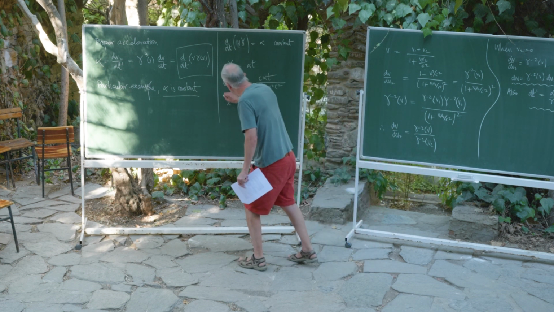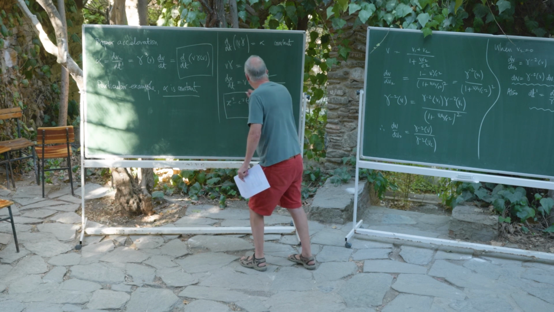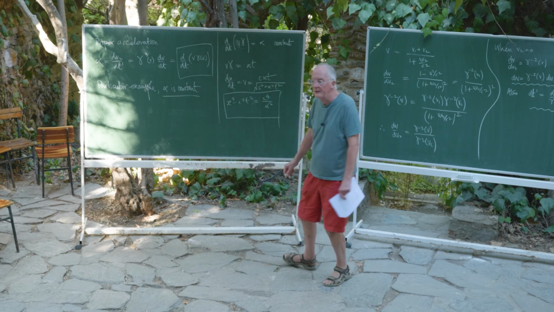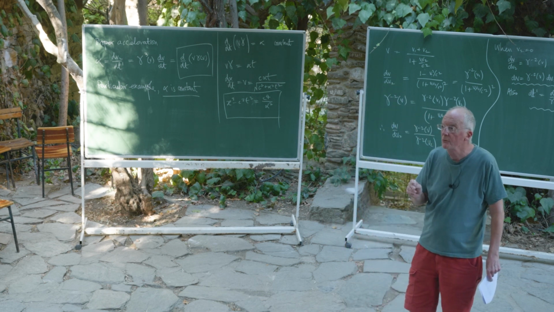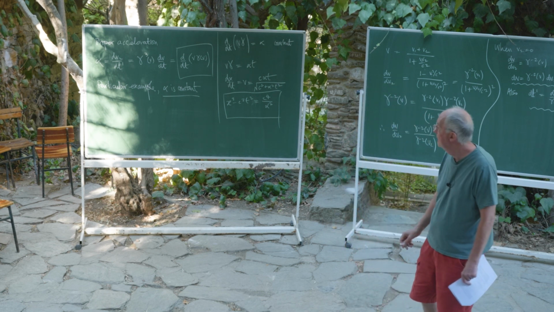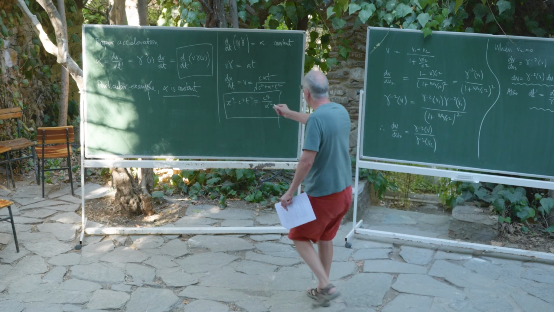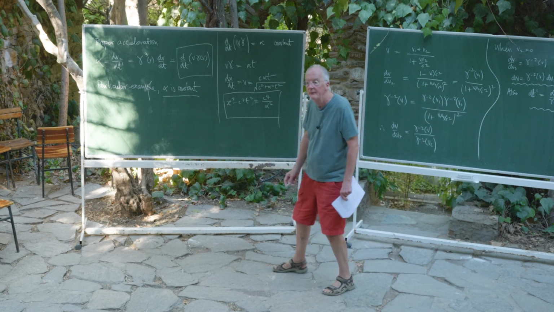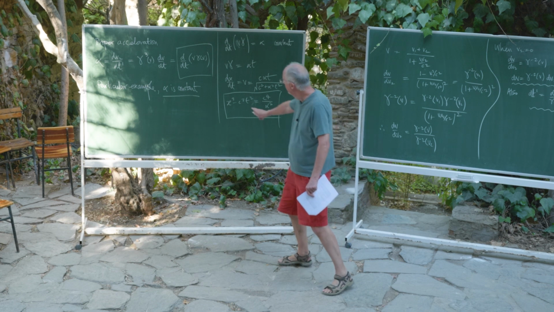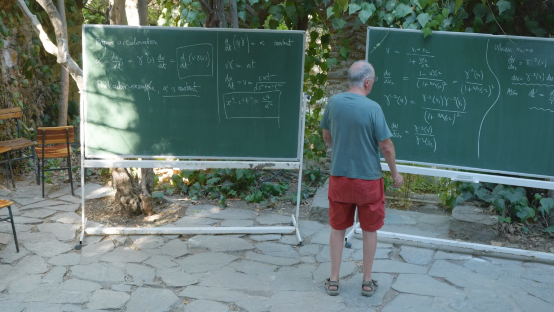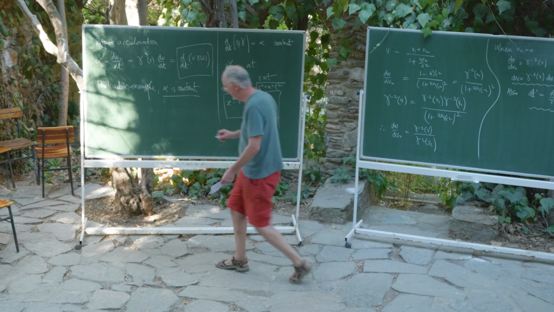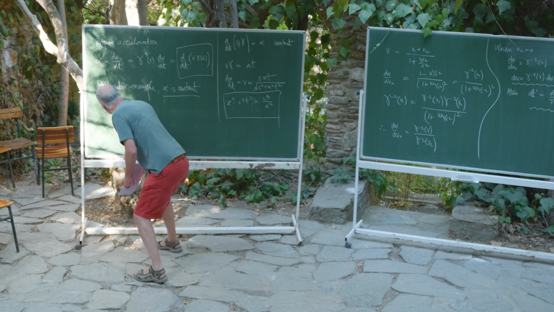And this is very nice, okay? This is what the particle is doing if it's experiencing constant acceleration. And as you can see, it's a hyperbola in space-time. So if we drew a space-time picture, which I'll put down here, it would look something like this.